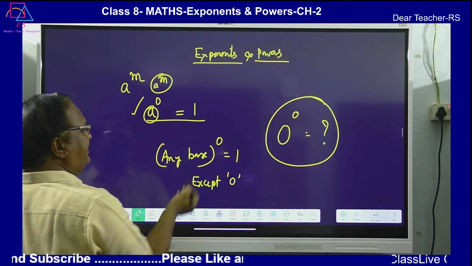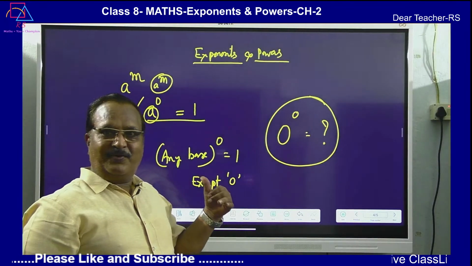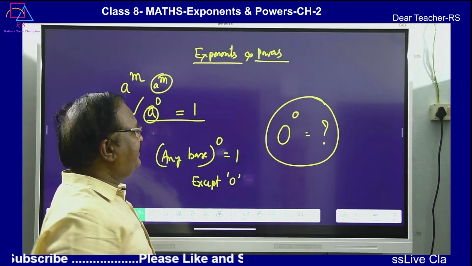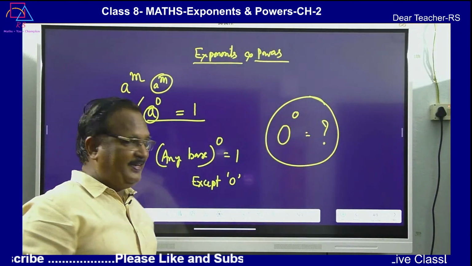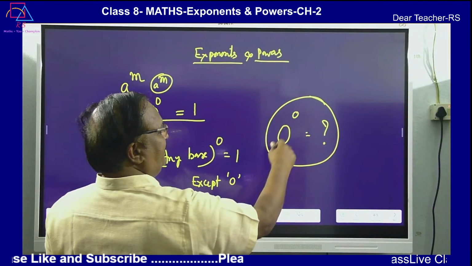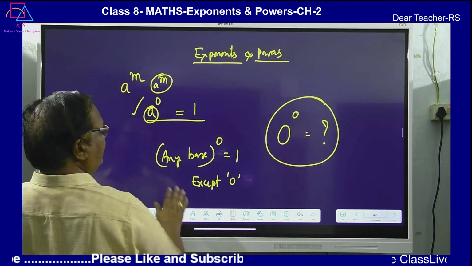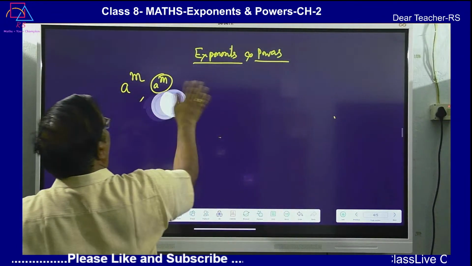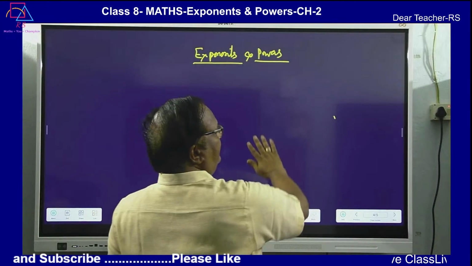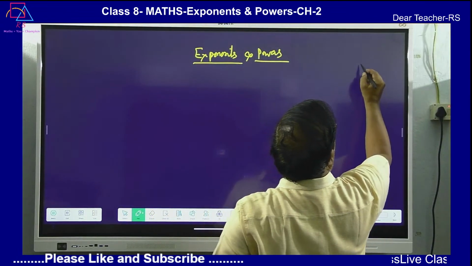A should not be 0. We are going to learn only those questions. So 0 to the power of 0 is a special case. I am not going to give anything, right? So you are going to learn later. So now here we have got a to the power of 0 is equal to 1. You can remember this like a formula.